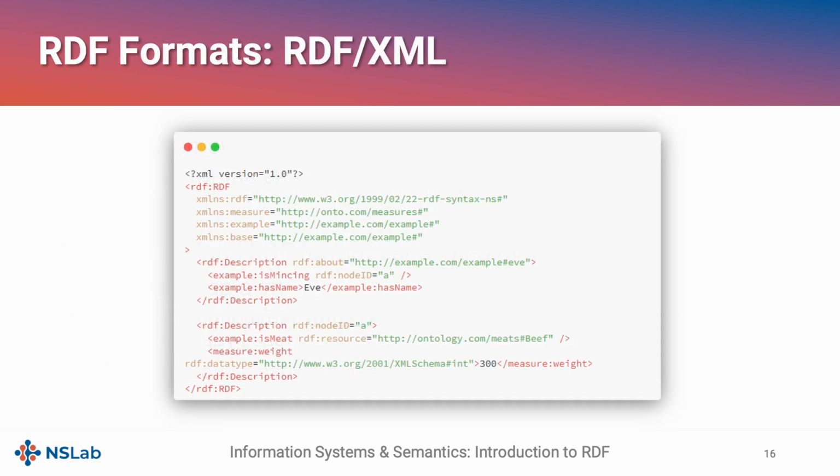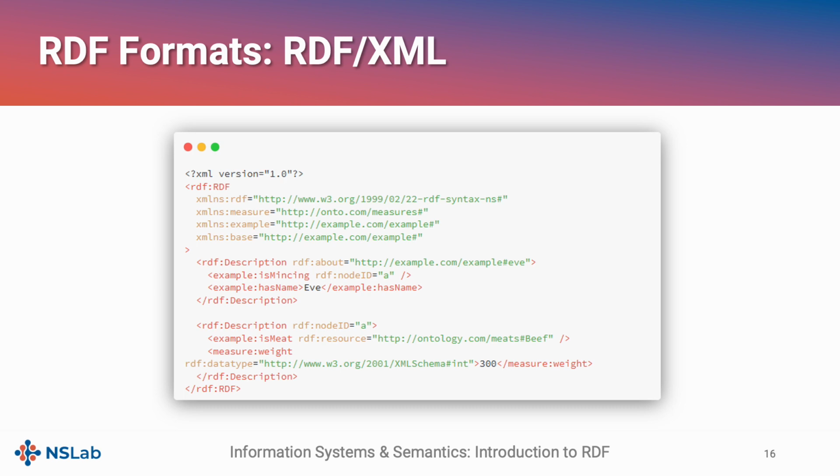The first one is the XML format. What you can see in the example are custom XML tags with RDF on the top level, and each of these tags uses some prefix. Those prefixes are defined in the opening RDF tag, as you can see, with some URL prefix. And we can see these prefixes RDF, measure, example, and base there.